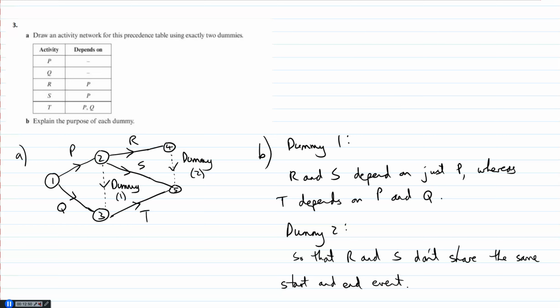We call the activities on the arcs, and we call events, they're like the nodes, they're like the numbers here. Make sure you learn these little phrases.